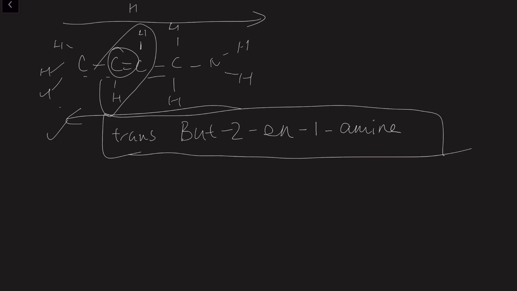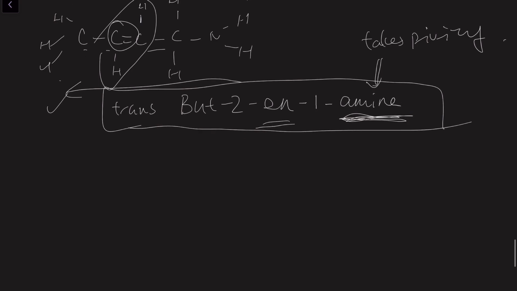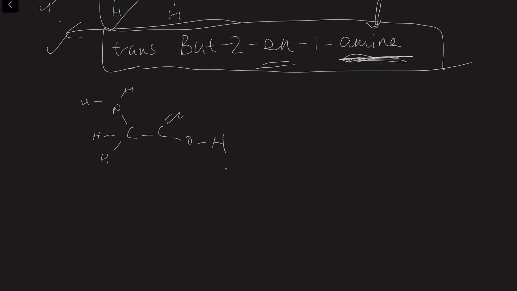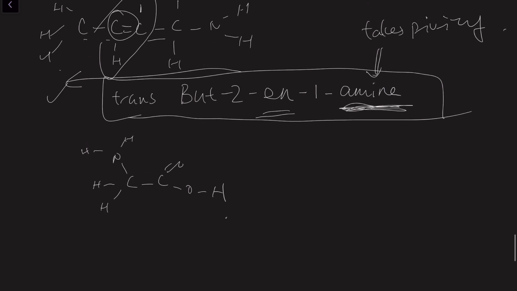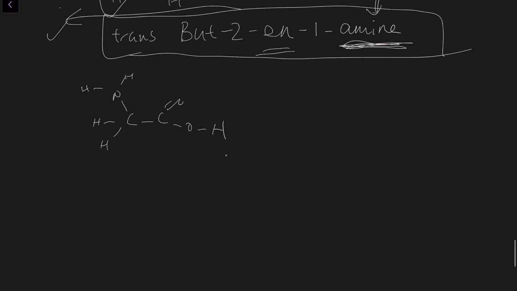And as you can see, amine takes priority because it is named towards the end, and the double bond does not take priority in this case. But if you have something like this, then the carboxylic acid would take priority.